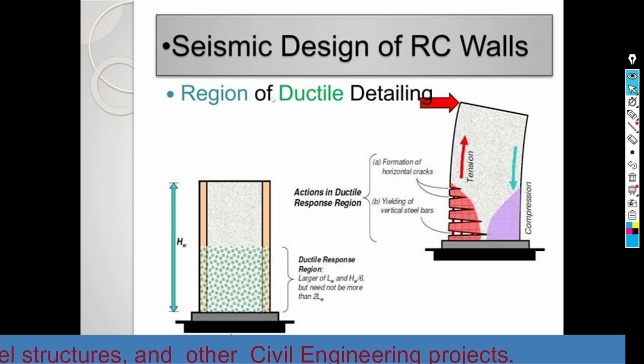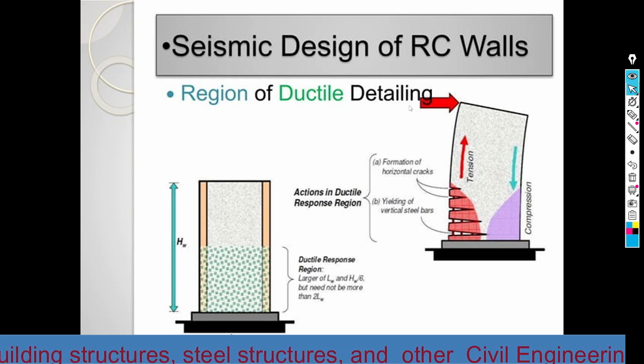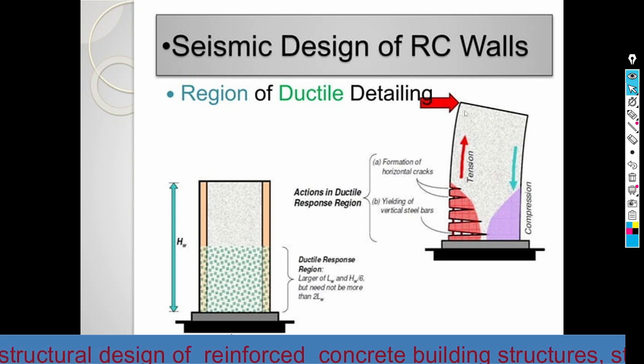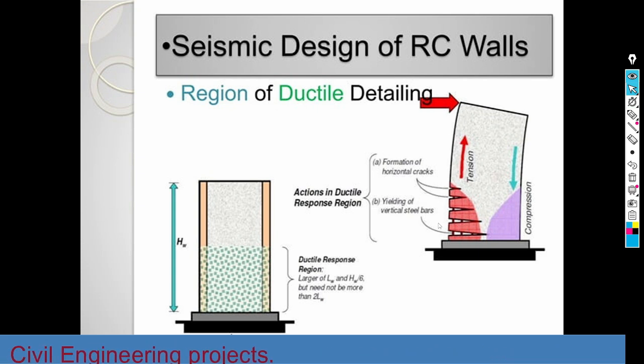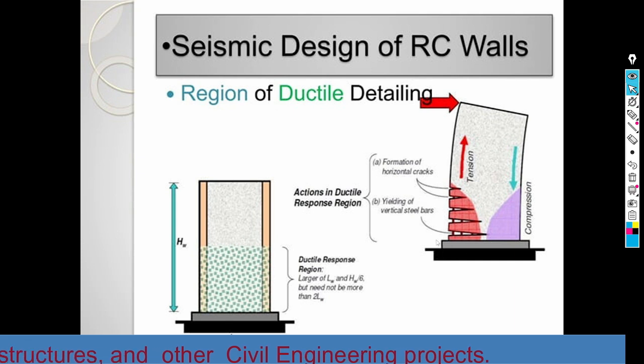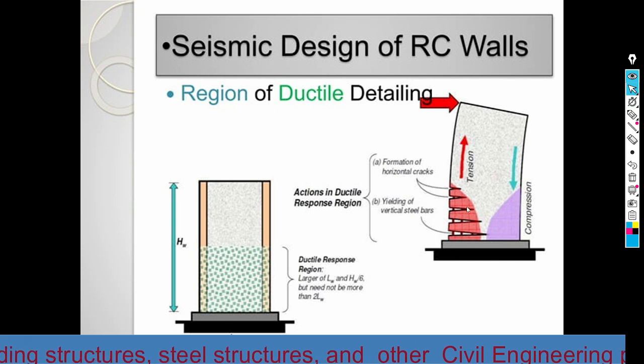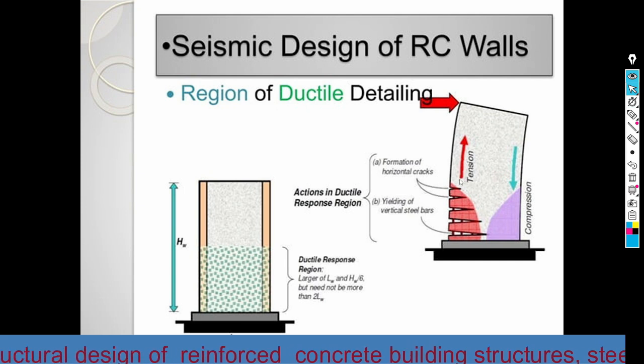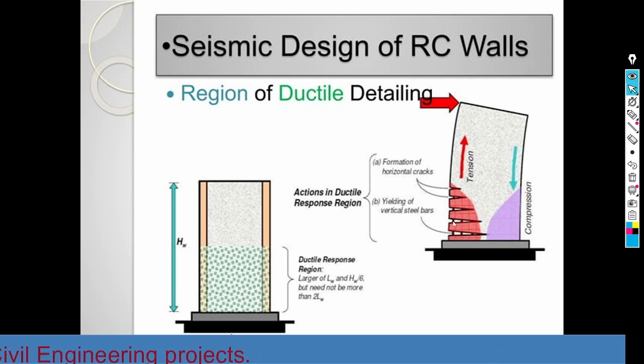And here, region of the ductile detailing. As we have already seen previously, there is yielding of vertical reinforcement here. So as the vertical reinforcement yields at this location, there will be a tensile failure.